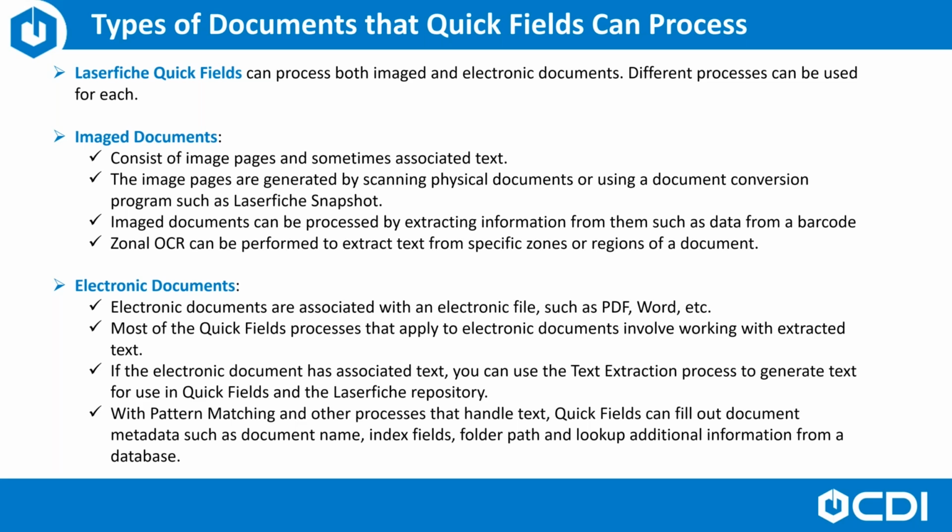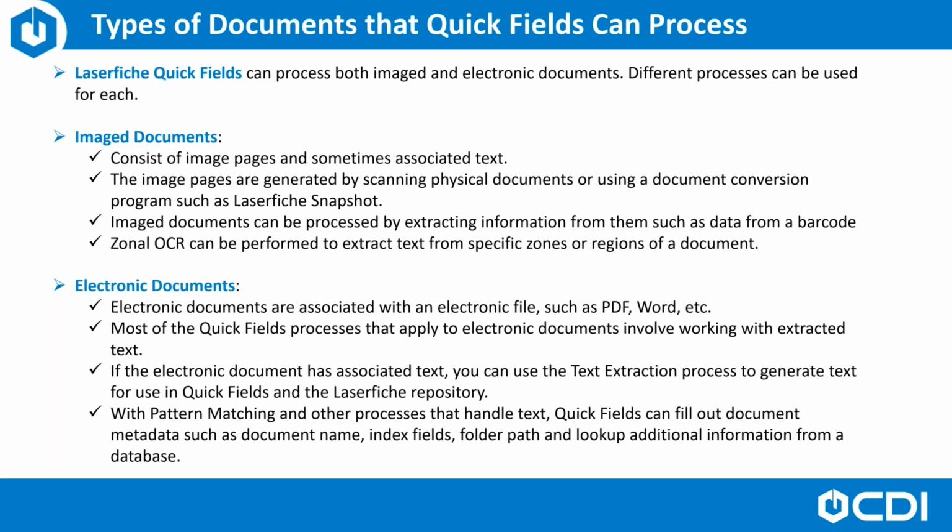We can do cool things with pattern matching, where we're able to figure out specific patterns. For example, we may be able to figure out like this number, this is the customer ID number. Once we know that through pattern matching, then we can go ahead and have QuickFields do lookups into other systems or external databases for any additional metadata that can then be brought into QuickFields.